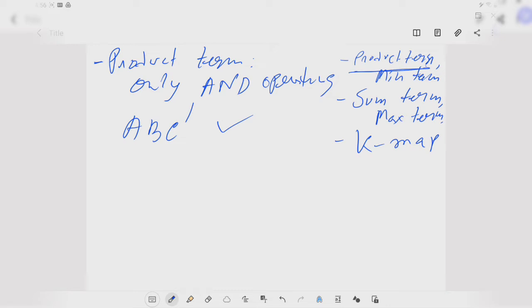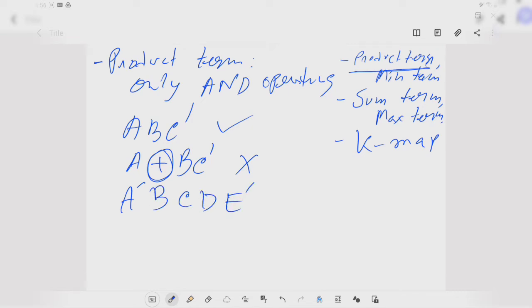If I say A plus B, C prime, that's not a product term, because there is the OR operation. If I say A prime, B, C, D, E prime, then it's a product term. On the other side, A plus B prime is not a product term, because there is the OR operation here.